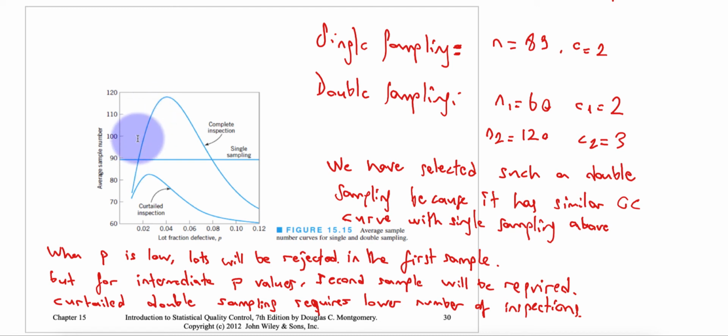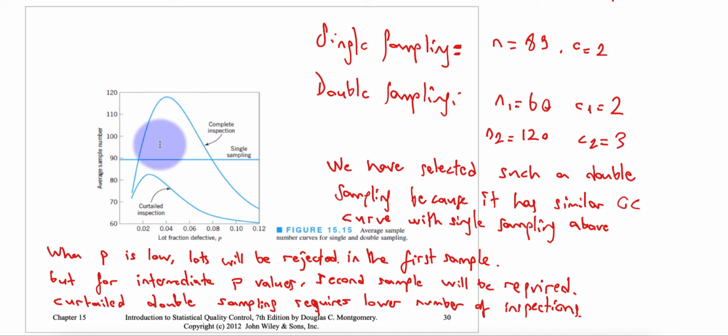That's why the total average number of samples, the average number of inspections, will increase, right? But after some point, it will reduce. Why? Because after a high point of lot fraction defective, we will start to reject the lots in the first sample, so we don't need to go with the second sample. That's why it will reduce after some point.